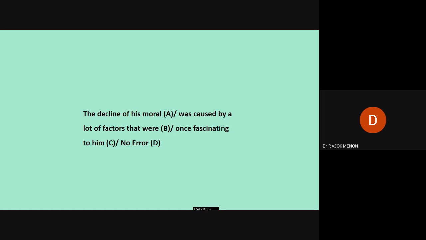B, was caused by, no, that is again wrong. Ranesh says it's lots of factors. Yes, Kishore has said it correctly. So they're all correct. Factors that were once fascinating for him, not to him. Fascinating for me, fascinating for you, fascinating for him.